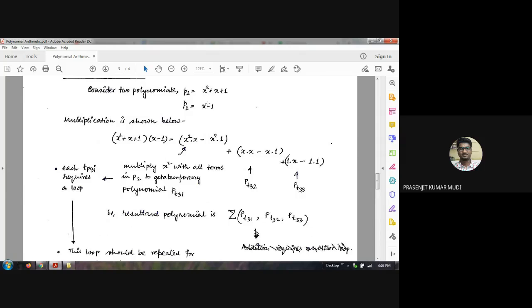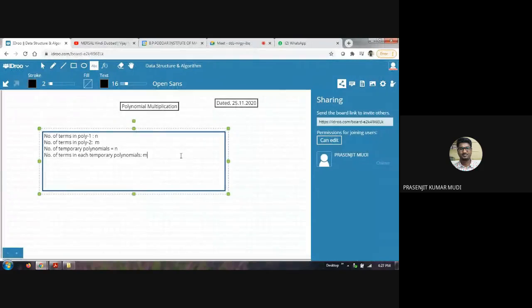Whenever you ask the user to provide polynomial inputs, you are taking inputs from the user, right? Polynomial 1 and polynomial 2. By default, the sign of the coefficients is assumed to be positive. So this x minus 1, you will treat as x plus minus 1.